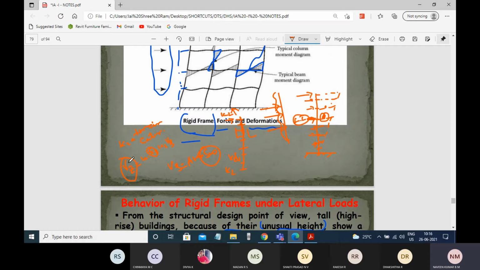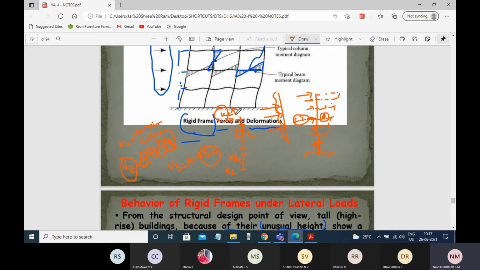So this K2 influences the lateral load. As height increases, the K2 value increases. K1, K3, K4, and the design wind speed remain the same for the entire height of the building, but K2 is varying, and K2 is maximum at the maximum height.